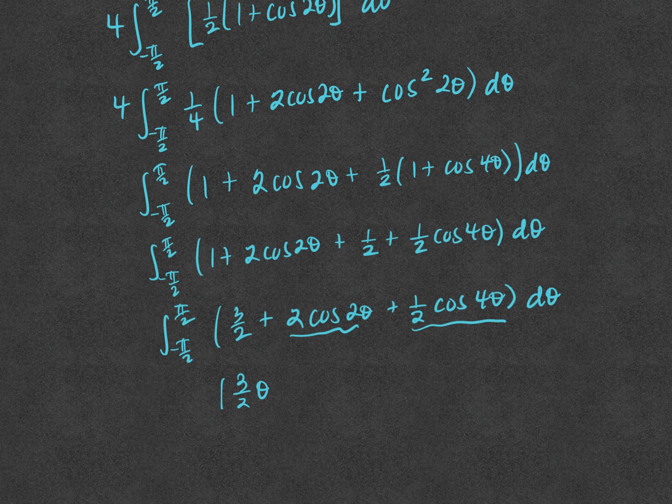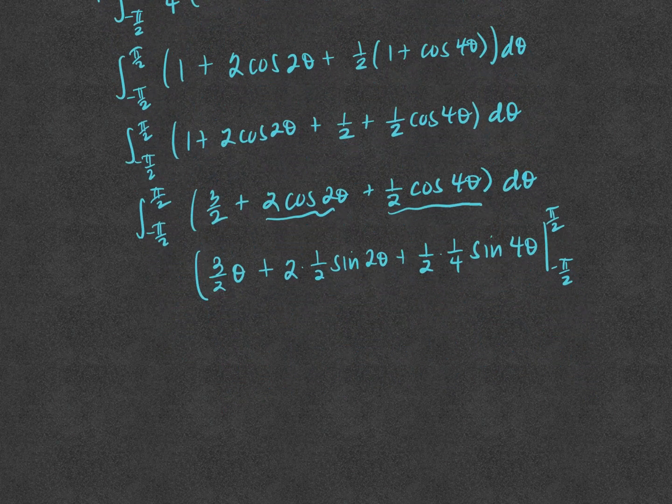We don't really need a parentheses in front of this 3/2. Plus 2 times, when we integrate cosine of 2 theta, we get 1/2 sine of 2 theta. Plus 1/2 when we integrate cosine of 4 theta, we get 1/4 sine of 4 theta. And all of this is from negative pi over 2 to positive pi over 2.